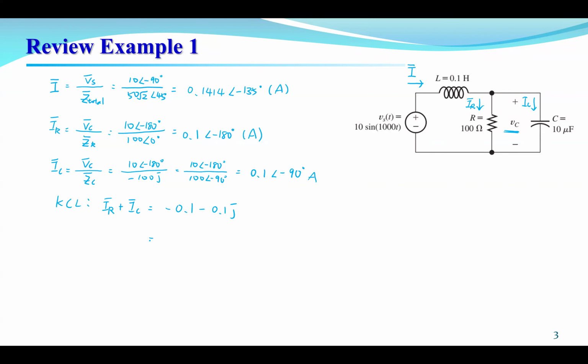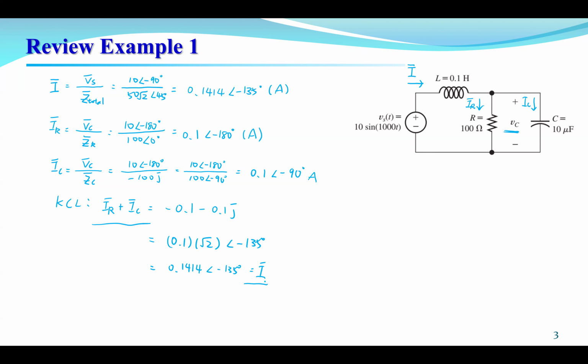The sum is 0.1 times square root of 2, angle minus 135 degrees, which is 0.1414, which is our I.